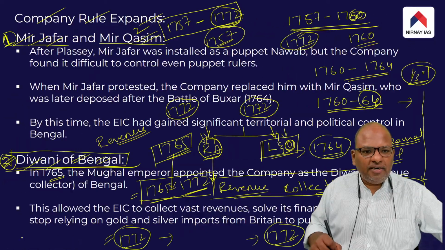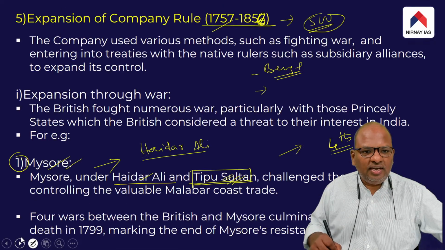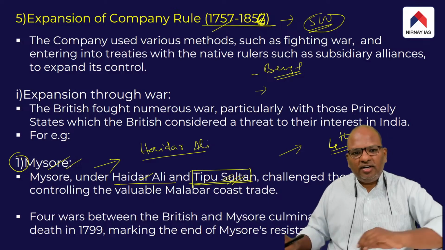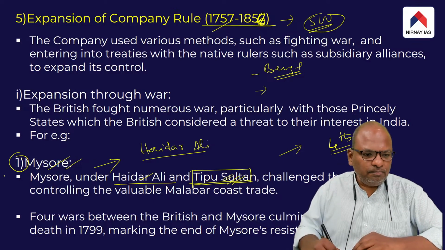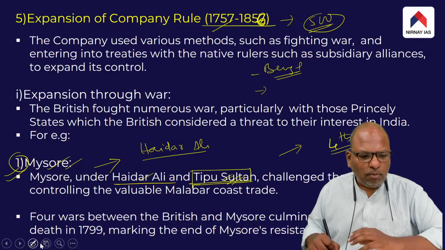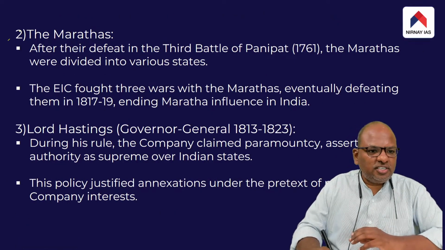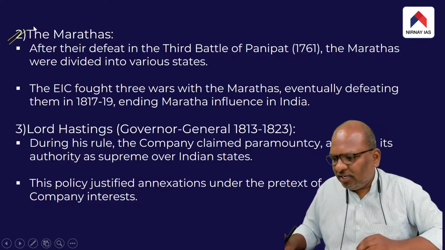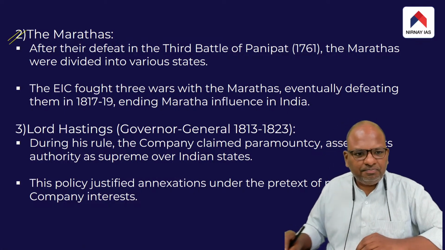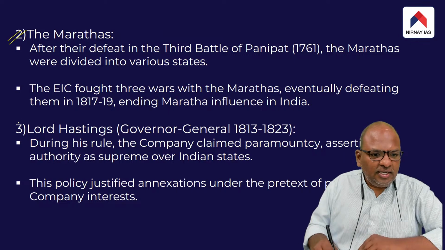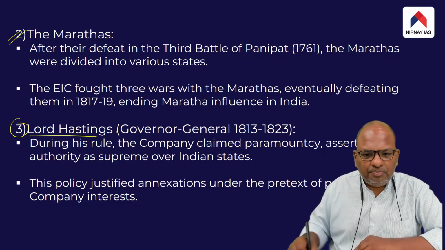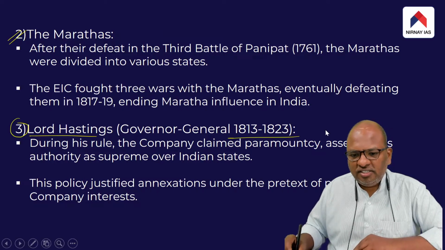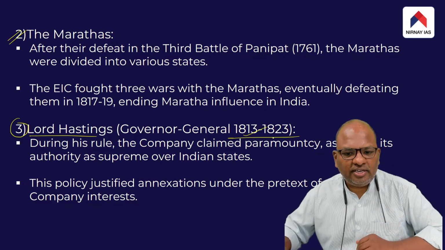Let me just go through this one. Take a look at the expansion. How did the expansion of the company's rule begin? I just discussed Mysore. After Bengal, Mysore was occupied. Then I just discussed with you the second, the Marathas. Marathas were also occupied. Got the point? Third, we have a Governor General by name Lord Hastings, who was the Governor General for about 10 years, 1813 to 1823.